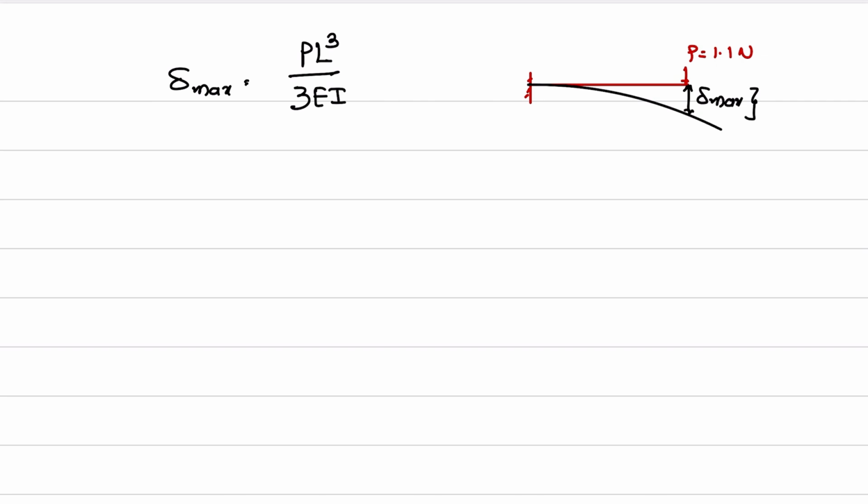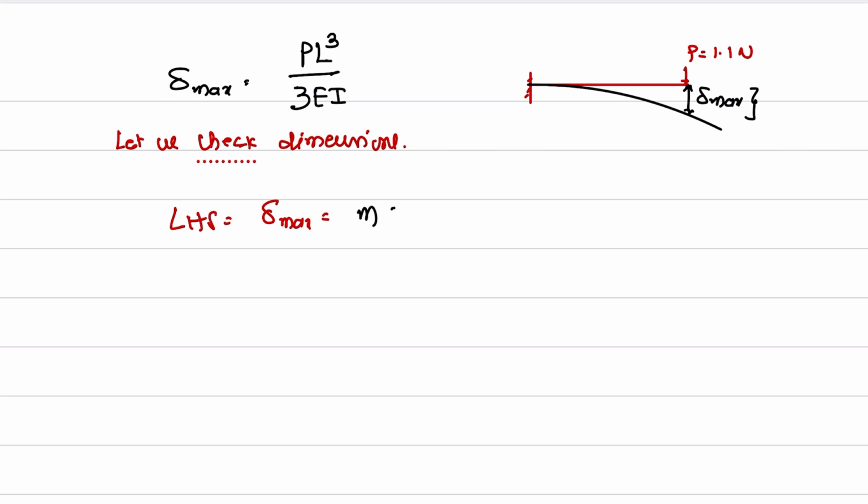Now, let us check the dimensions first, whether this formula is dimensionally correct or not. Left hand side dimension is delta max. What is the deflection? Deflection is a distance. Distance is measured in meters. That is equal to length. And right hand side, PL cube by 3EI.